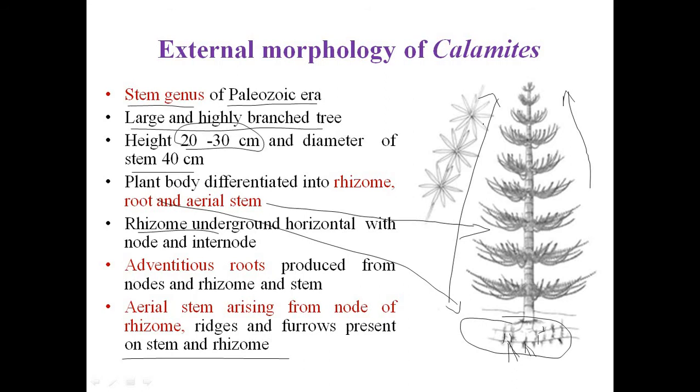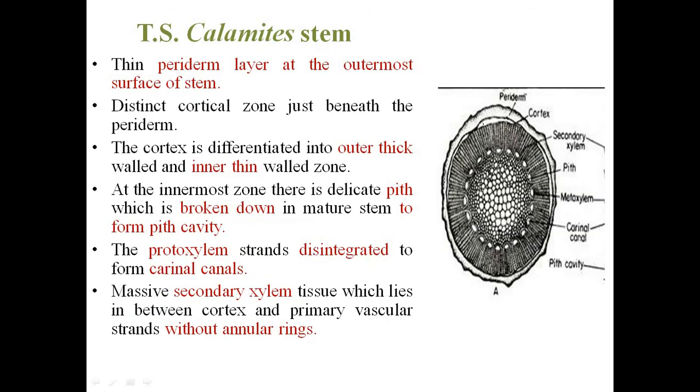Then we go toward the internal structure of the stem of Calamites. When we go into detail of its transverse section, it shows a thin periderm layer at the outermost layer, and there is a cortical zone beneath the periderm.